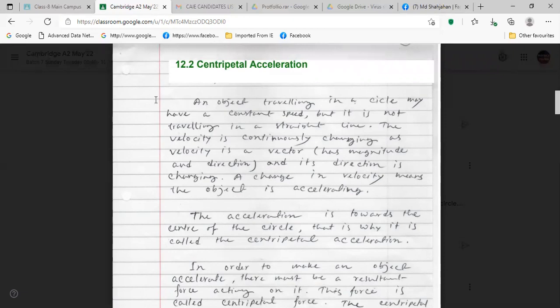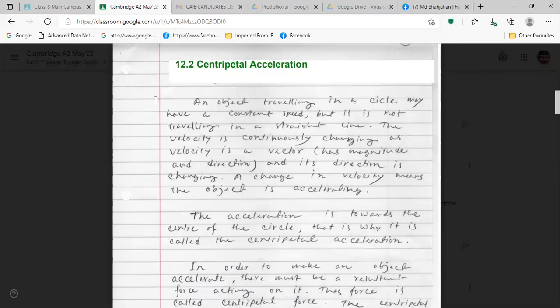An object traveling in a circle may have a constant speed, but it is not traveling in a straight line. The velocity is continuously changing, as velocity is a vector, has magnitude and direction, and its direction is changing. A change in velocity means the object is accelerating. The acceleration is towards the center of the circle. That is why it is called the centripetal acceleration.